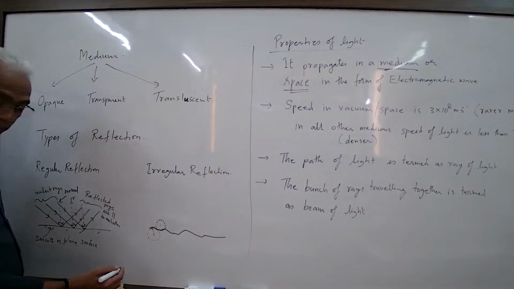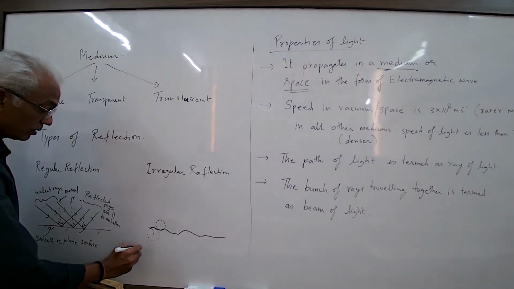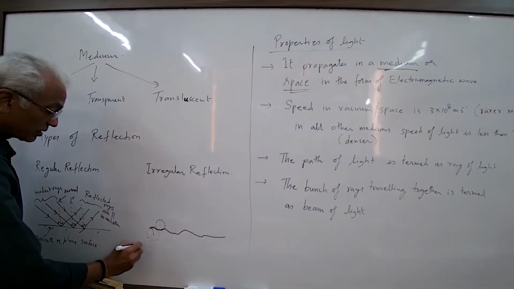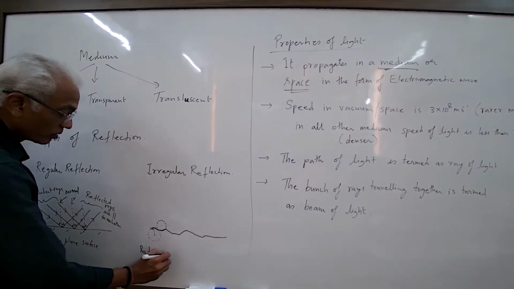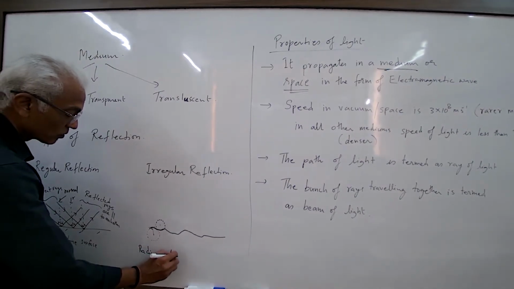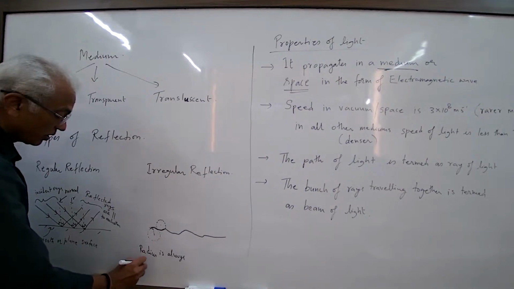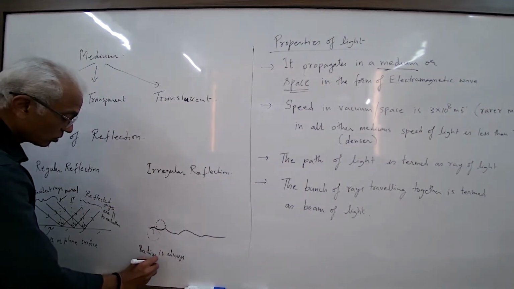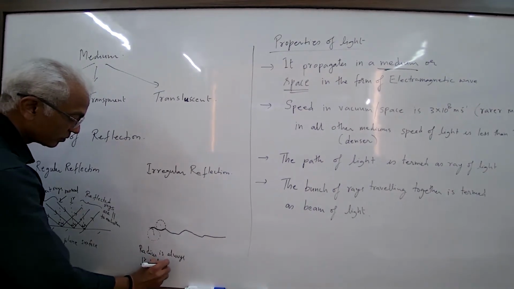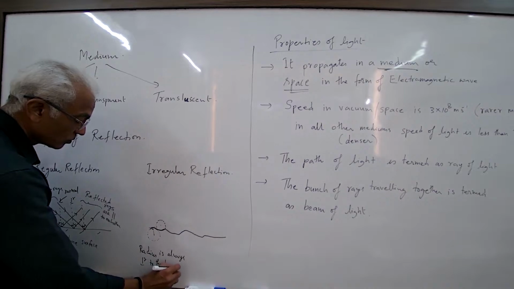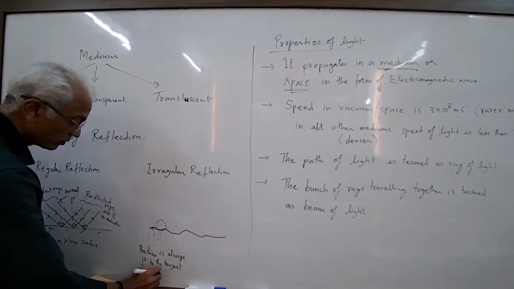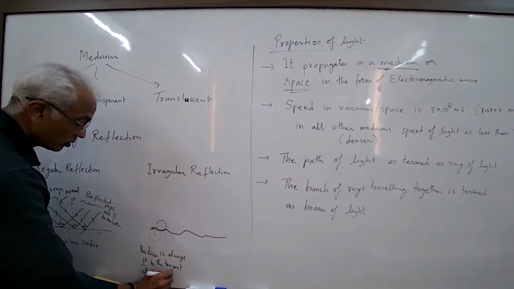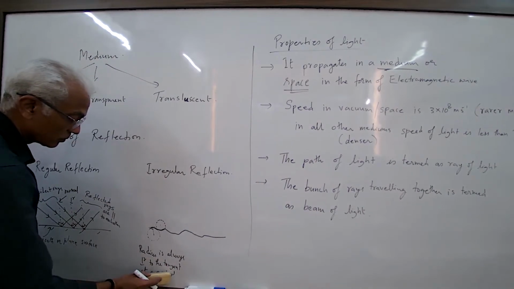So there is a theorem that the radius is always perpendicular to the tangent at a point on a circle.